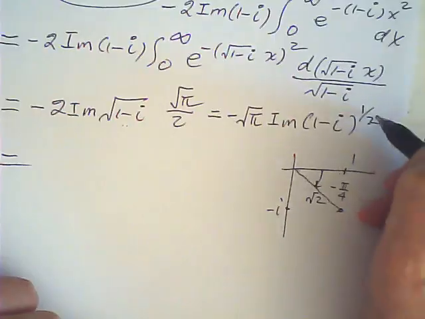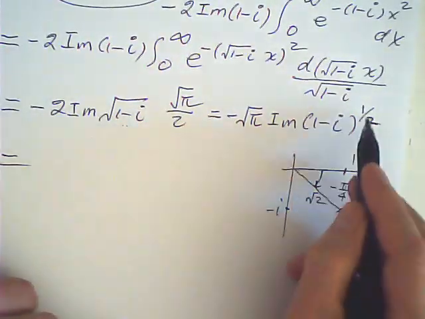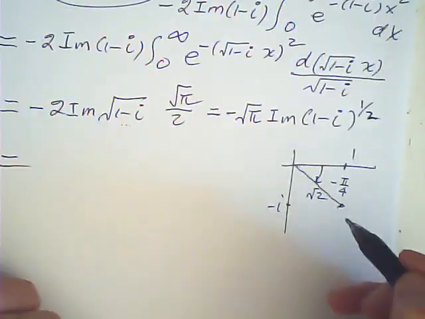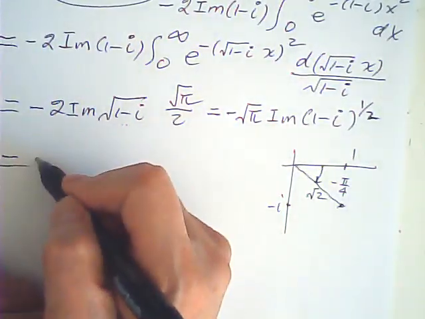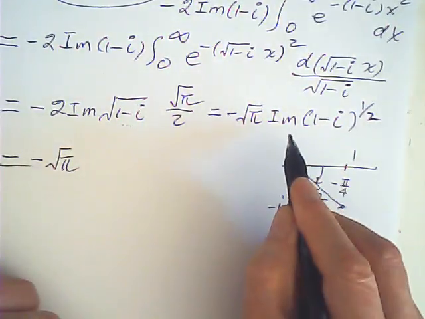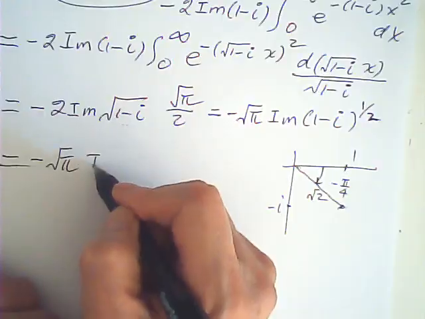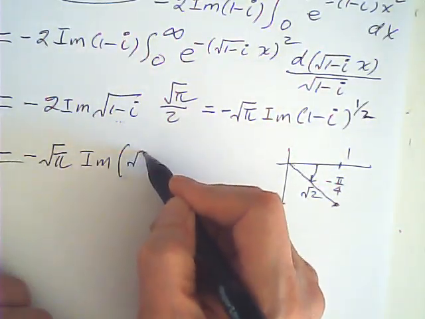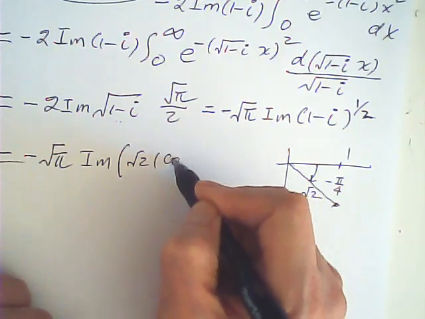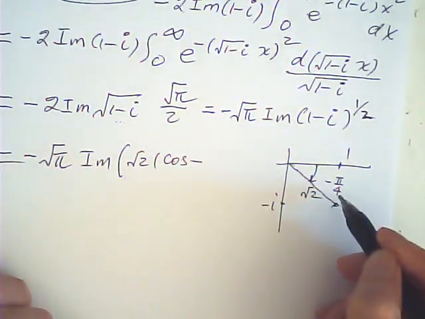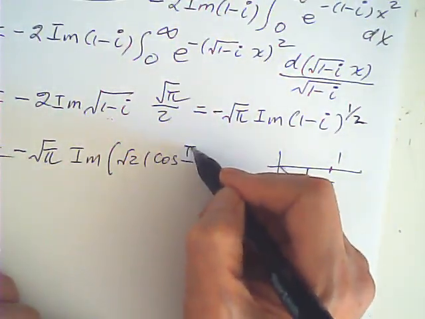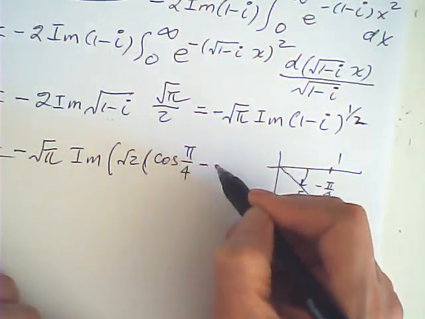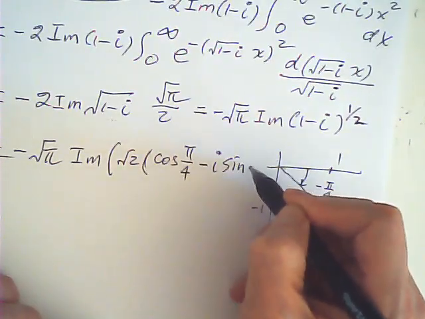Gee, always forget something. Square root. So this complex number, square root, imaginary part. The imaginary part of this number is root 2 cosine of negative quarter pi. Cosine is the same for positive and negative, but for sine it is minus i times sine quarter pi.